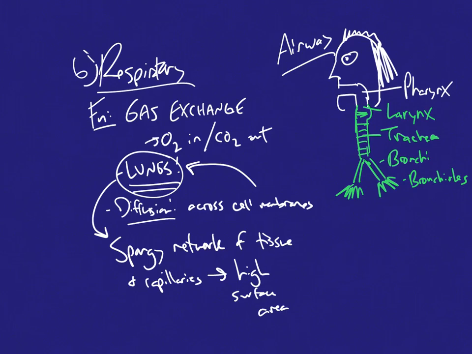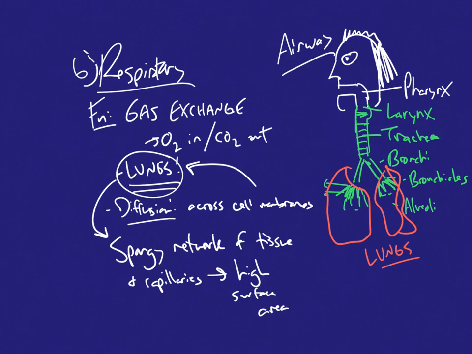And then from there, you've got all these little airways that end in little sacs called alveoli. And this is where the gas exchange really takes place. And of course, if we sort of encompass this whole thing in some tissue, we have the lungs, right, at that end point of the airway.